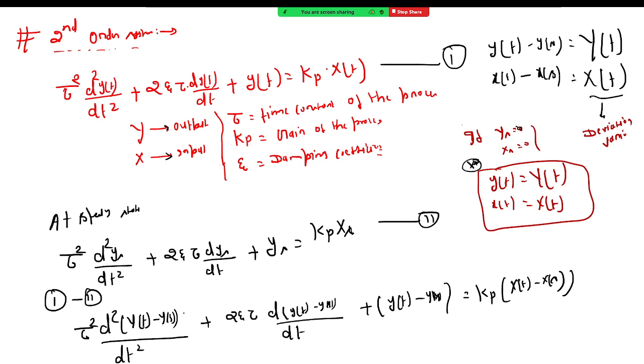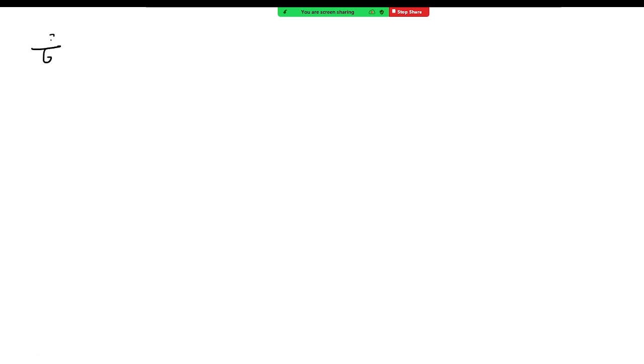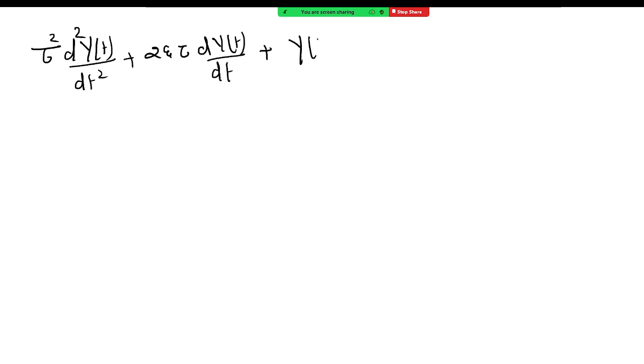So now I have subtracted equation first and second, and I will write this differential equation in terms of deviation variable. So finally you will see that tau square d2 Y(t) divided by dt square plus 2 zeta tau dY(t) divided by dt plus Y(t) is equal to Kp X(t), right? Now, let's say this one is equation third.